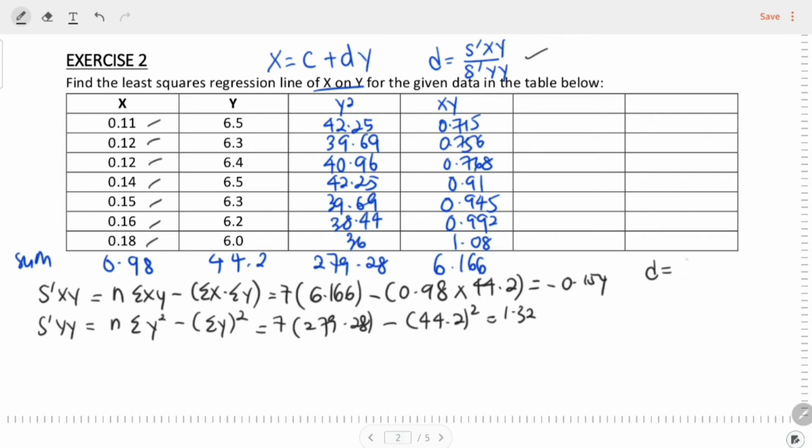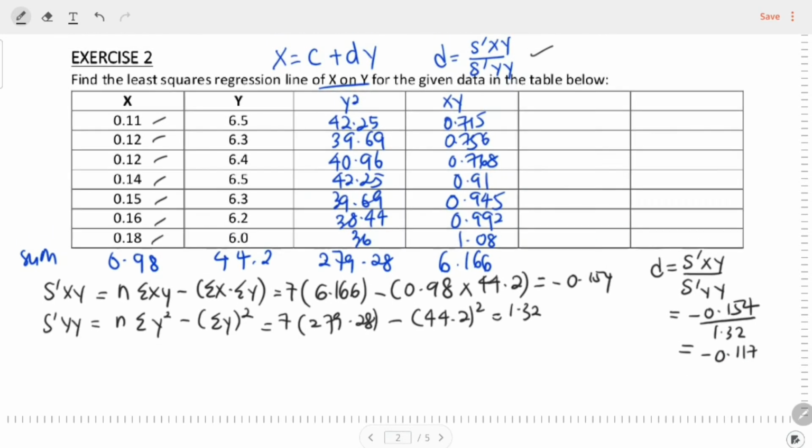Okay, then we can find our d. So d equals S'xy over S'yy. Your S'xy is negative 0.154, over 1.32. Okay, then press your calculator to find your d value, which is negative 0.117.